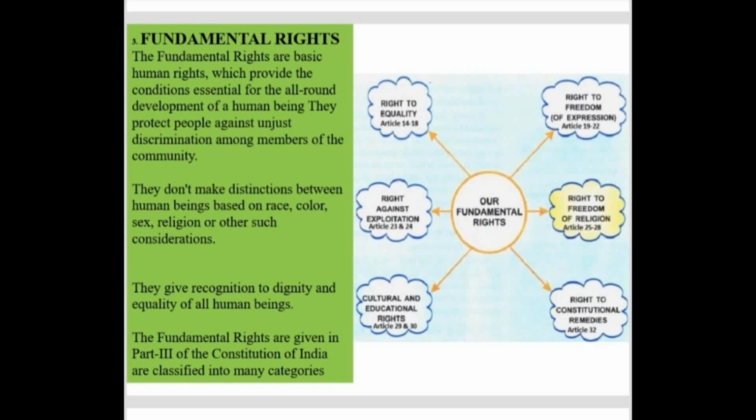We studied in the beginning that the constitution is categorized into schedules, parts, and articles, right? Among these, Part 3 completely deals with the fundamental rights of the citizens. In the later slides, let us discuss the various categories of fundamental rights.